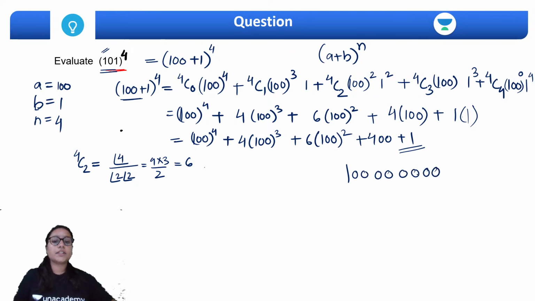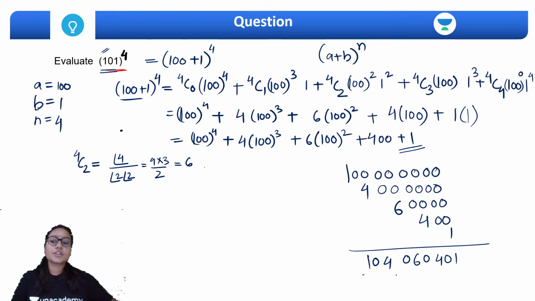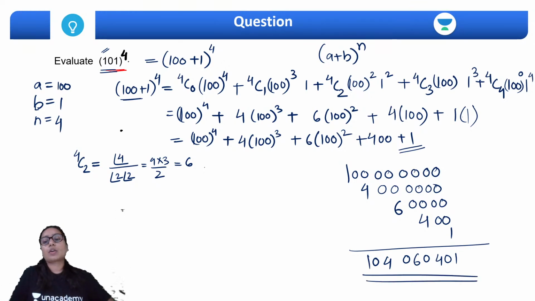These are the number of zeros. Then 4 into this, so how many zeros? 6 multiplied by 4. Then 6 into 100 is 2 times. Alright, then 400, then 1. Let us add these numbers. What will I get? 1, 0, 4, 0, 6, 0, 4, 0, 1. So this is the value of 101 raised to the power of 4.